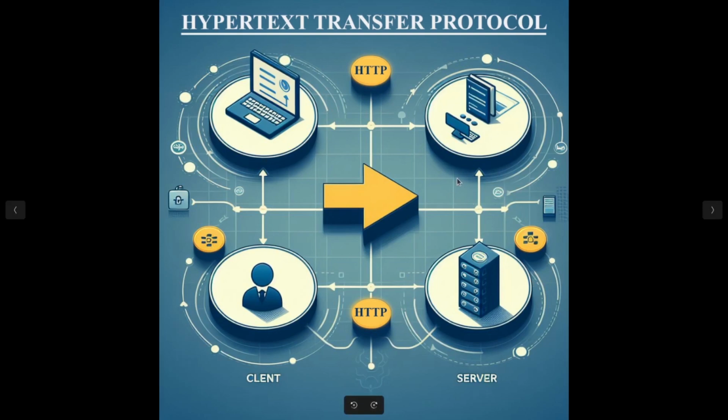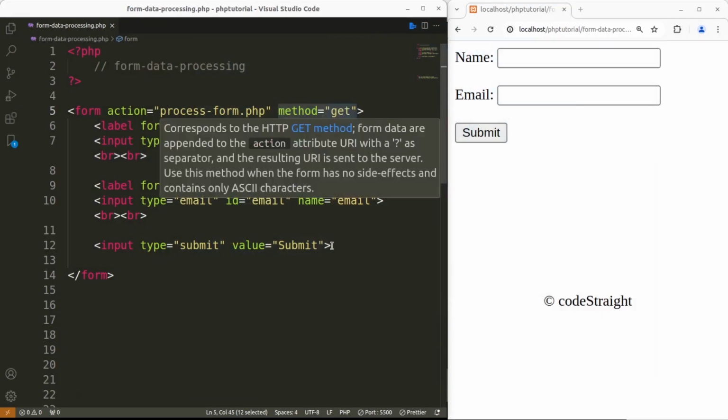On the right hand side we have the server, on the left hand side this is the client. So the request is sent to the server, and then we receive the response from the server back to the client or our browser. So this is a very brief introduction of Hypertext Transfer Protocol. Let me get rid of it and get back to VS Code.